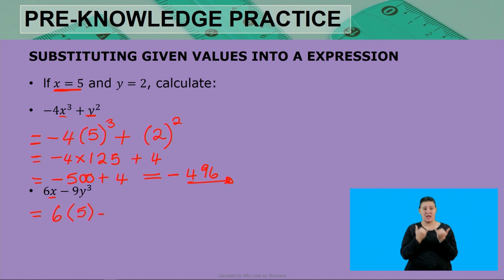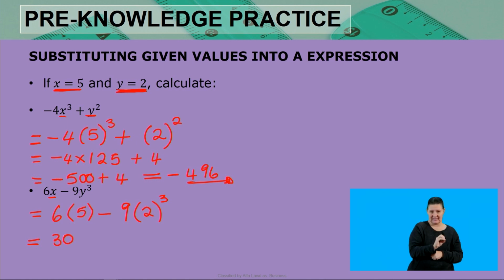Then we minus 9, and again, in the place of y, I'm going to open a bracket. Do you remember what the value of y is? It is the 2 that is given to us at the top, and we are going to cube it. What is 6 multiplied by 5? That is 30. Then we subtract the 9, but 2 cubed, which is 2 multiplied by 2 multiplied by 2, is 8.